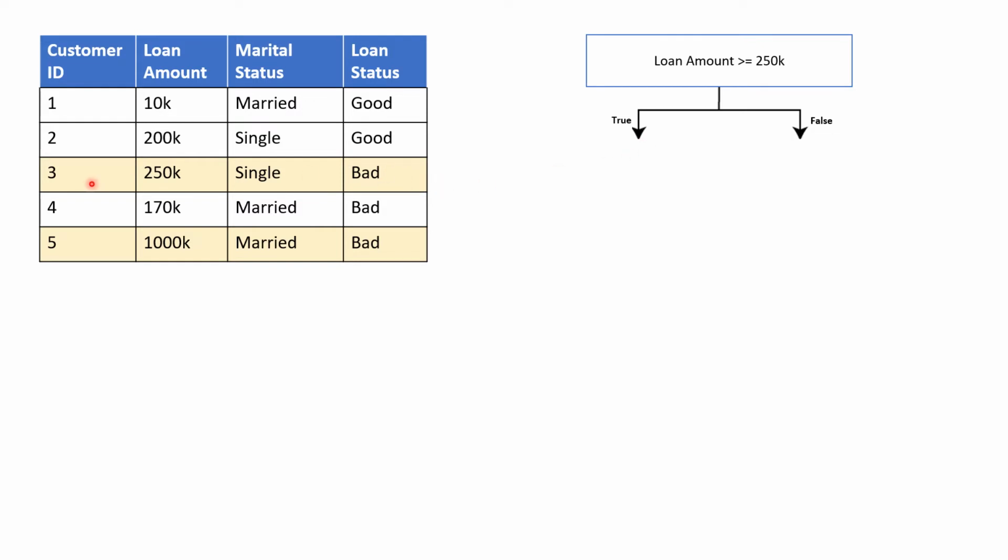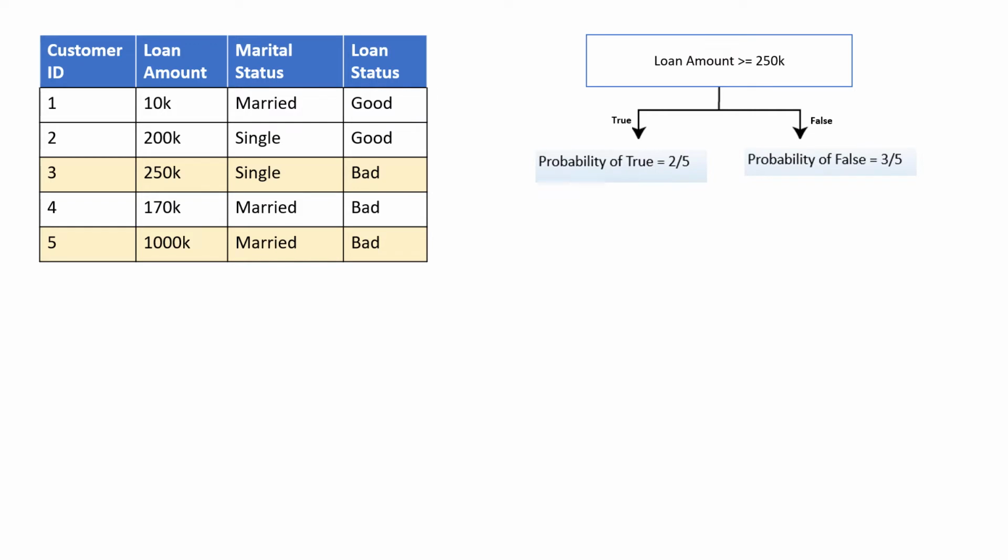Customer ID 3 and 5 have loan amounts 250K and 1000K respectively, which are greater than or equal to 250K, hence they come under the true category. So the probability of true is 2 out of 5. Similarly for false, the probability is the remaining records which do not satisfy this condition. There are the remaining 3 records out of 5, hence the probability of false is 3 out of 5.